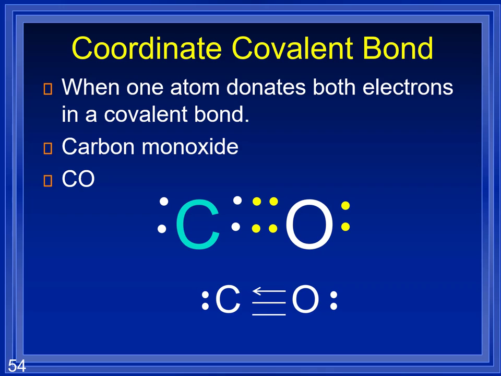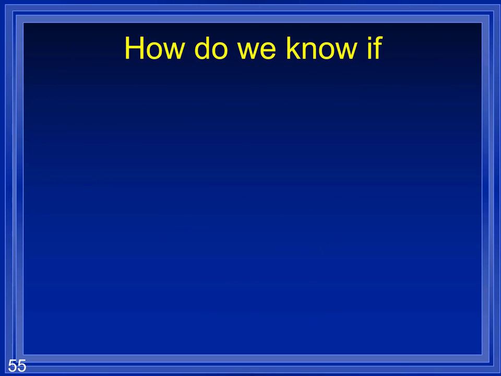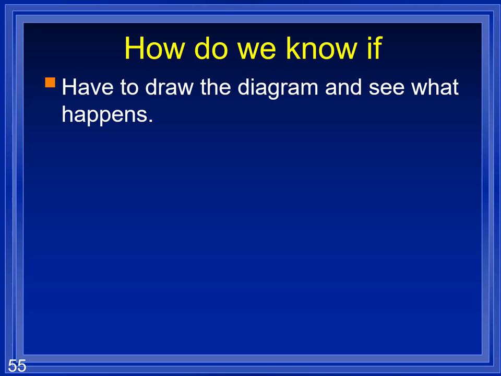That whole pair of electrons came from oxygen. That's why the arrow goes from the oxygen to the carbon. So how do you know if there is a coordinate covalent bond? Well, the ultimate answer is you got to draw it the way I did the first time and move the electrons around and see what happened.